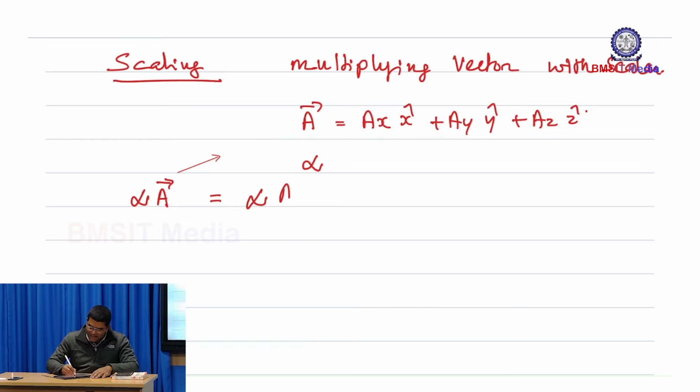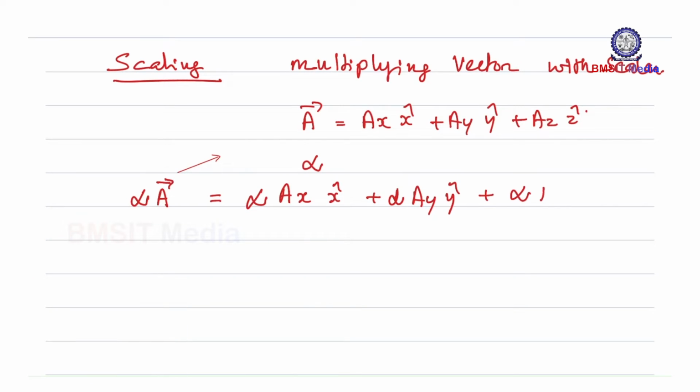So you will get alpha Ax x cap plus alpha Ay y cap plus alpha Az z cap.